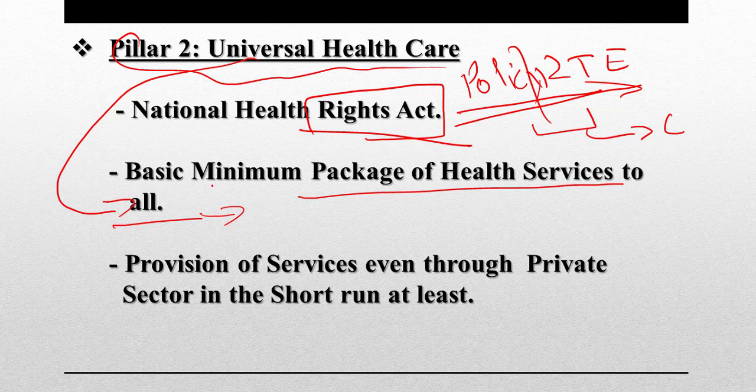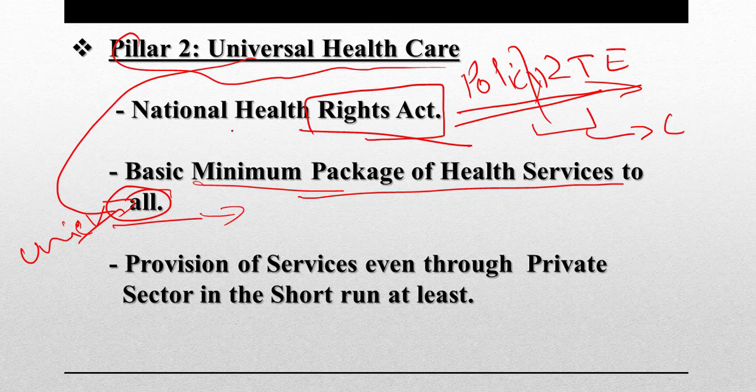So if we are giving a basic minimum health package of services to all, that is the element of universality. Universality means given to all, one and all, irrespective of age, irrespective of gender, irrespective of the level of wealth a person has. He is rich or poor, that doesn't matter to this policy.